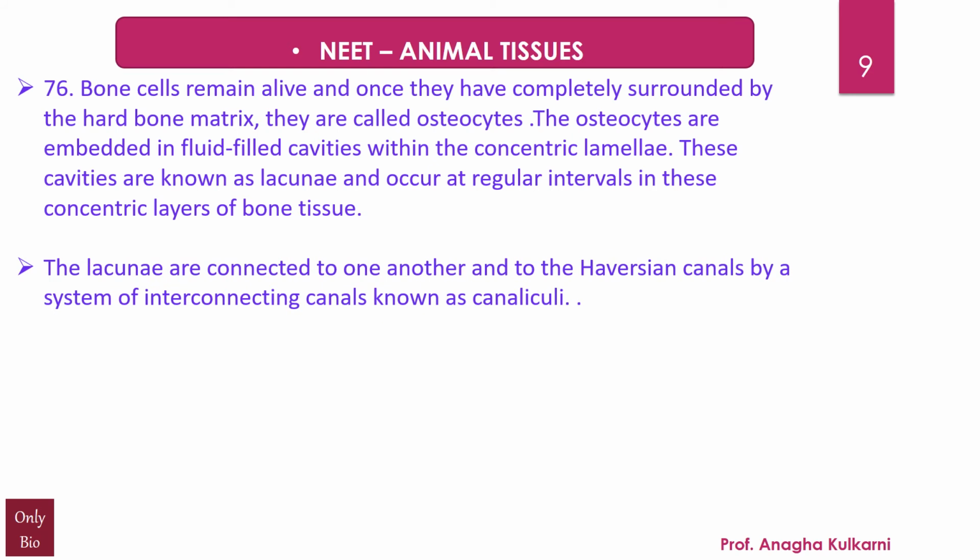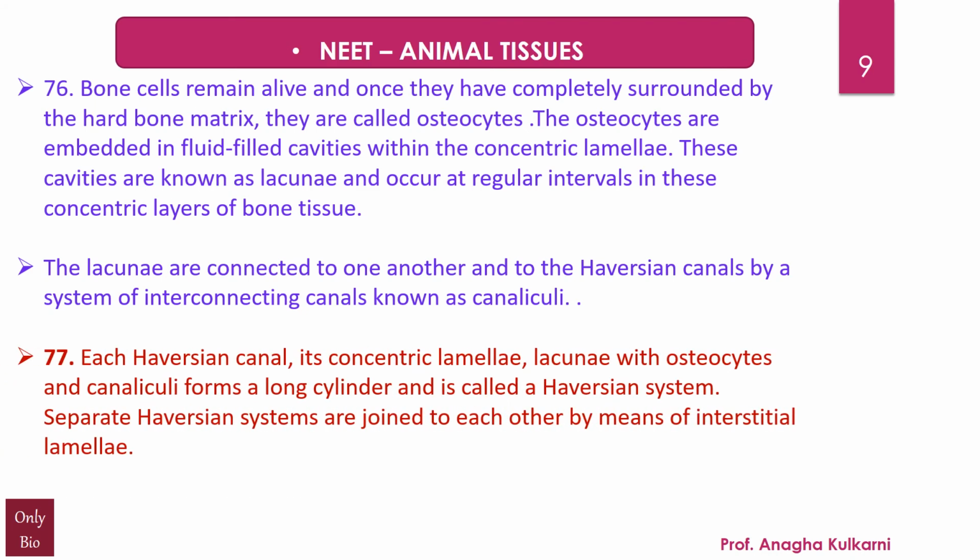The lacunae are connected to one another and to the Haversian canals by a system of interconnecting canals known as canaliculi. Point number 77. Each Haversian canal, its concentric lamellae, lacunae with osteocytes and canaliculi forms a long cylinder and is called as a Haversian system. Separate Haversian systems are joined to each other by means of interstitial lamellae.